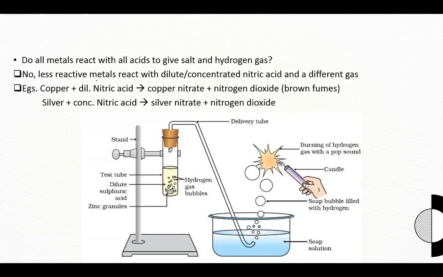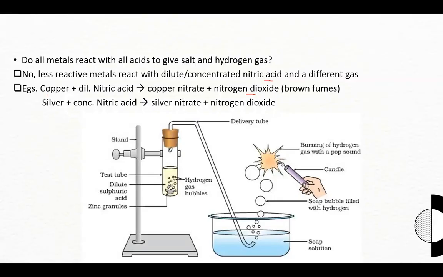But the least reactive metals will give that reaction with dilute or concentrated nitric acid, and it will give a different gas. So we wouldn't get the usual hydrogen. What we'll get instead are brown fumes, or brown gas being given off, which is nitrogen dioxide.